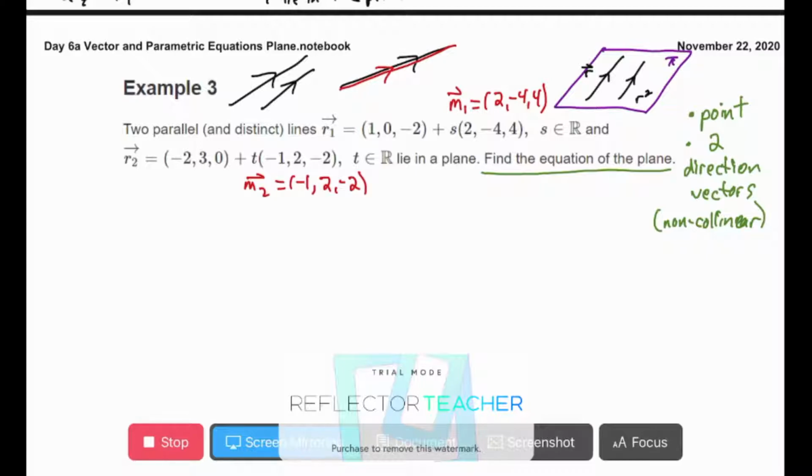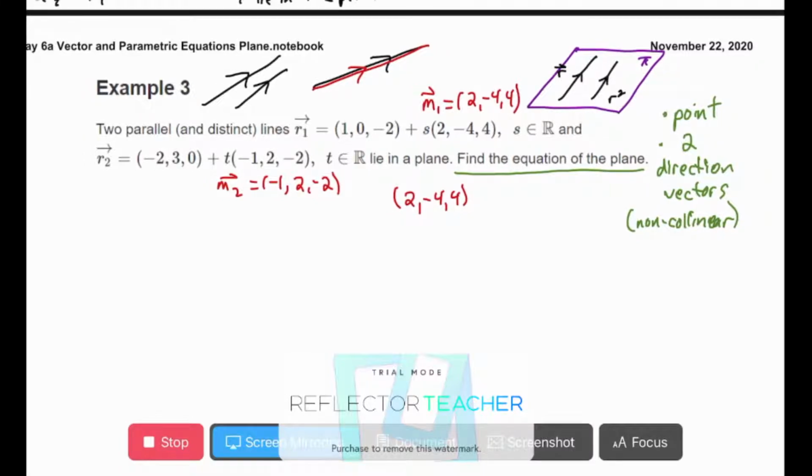And let's just check if they are scalar multiples of each other. So 2, -4, and 4. Once again, I don't want to use an equal sign because I don't know yet. Equals some k value of -1, 2, and -2.